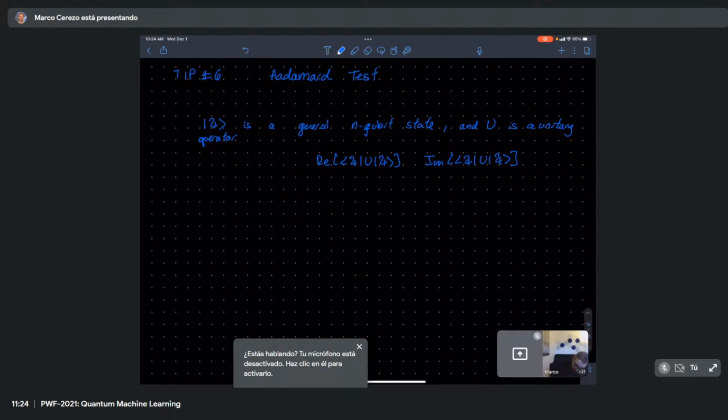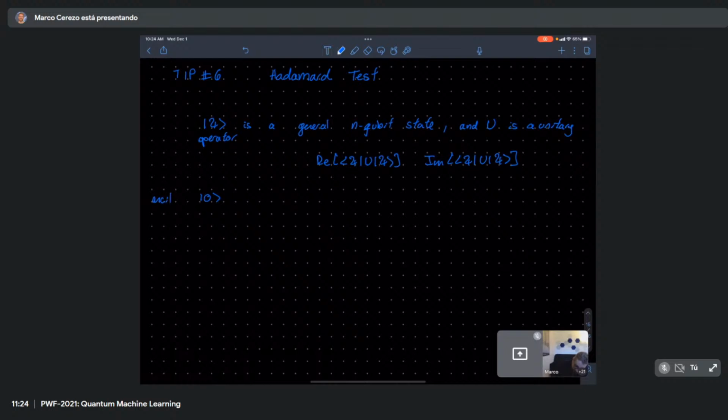What we need to do is first we need 1 extra qubit, which we usually call an ancilla. Ancilla means auxiliary qubit, which means that we're going to be using it to aid in our computation, right? And we're going to have our n-qubit state psi. So this is a circuit that looks like this.